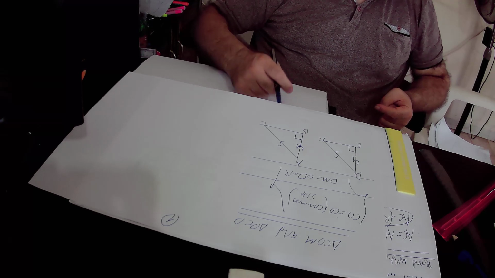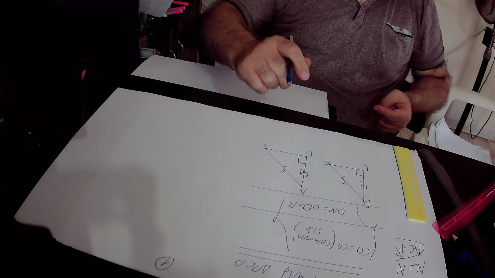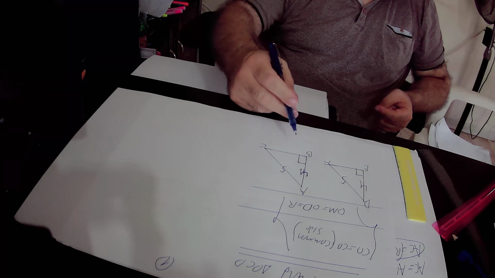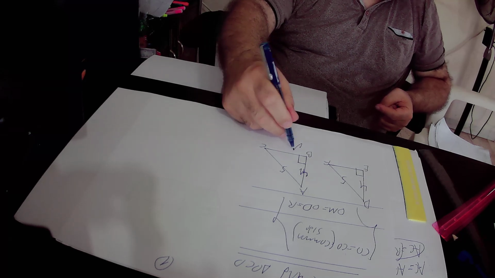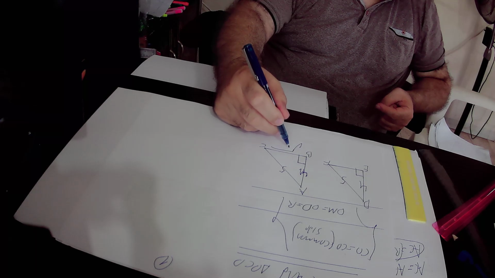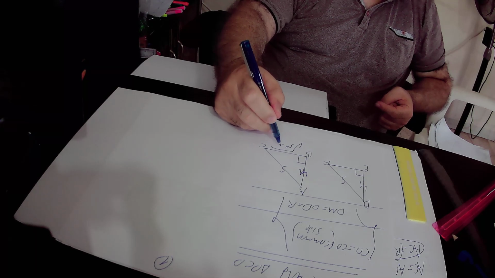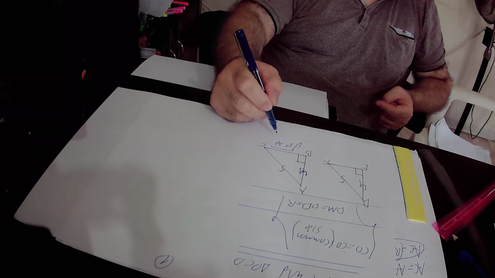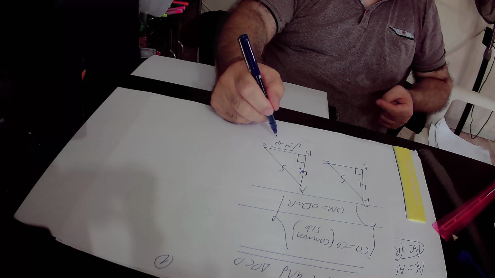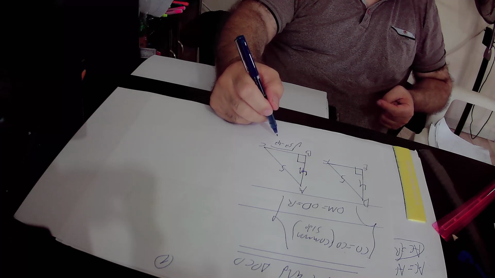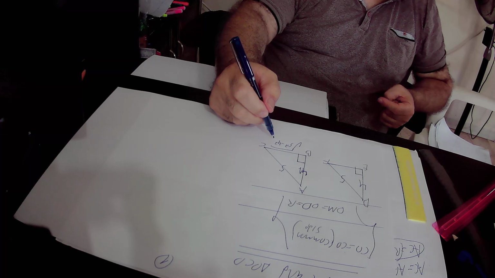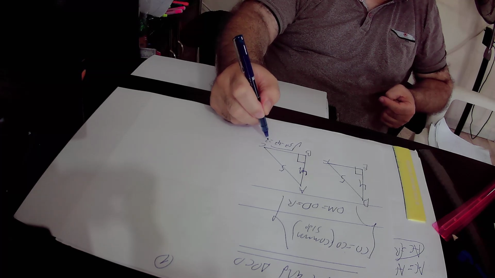Why? Because according to the Pythagoras theorem, the value of BC is equal to the square root of 5 squared minus 4 squared. 5 squared is 25, minus 4 squared is 16, 25 minus 16 is 9, and the square root of 9 is 3.